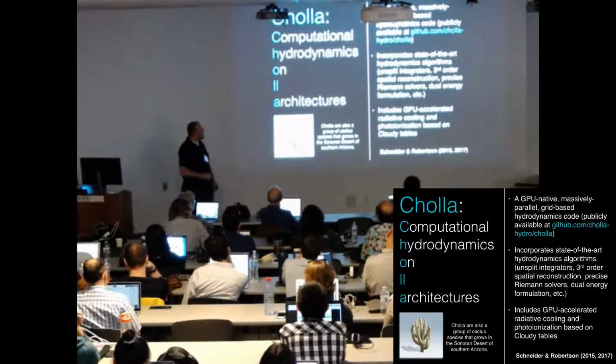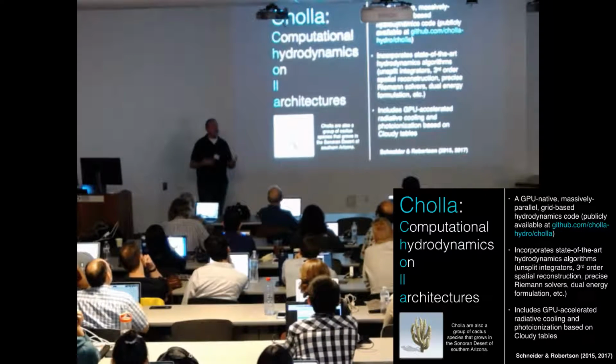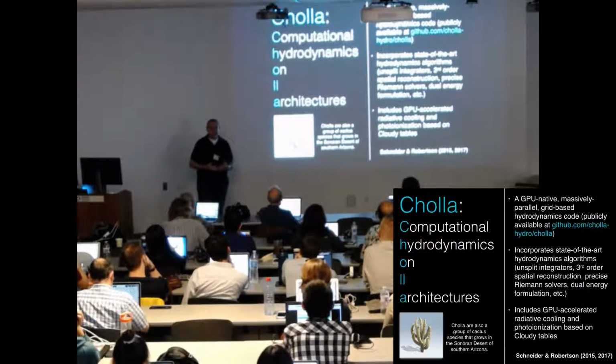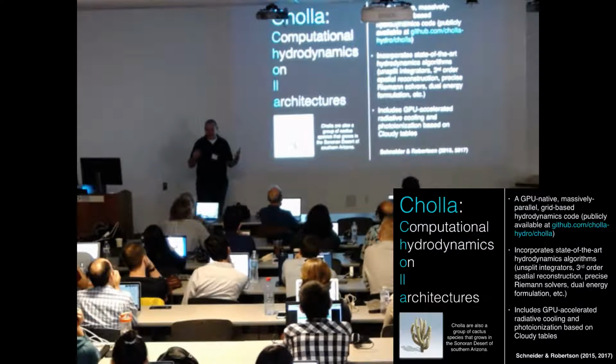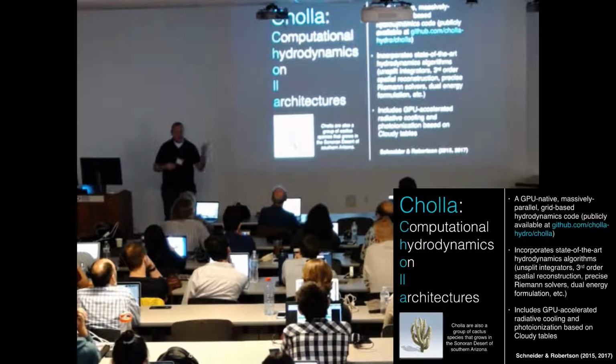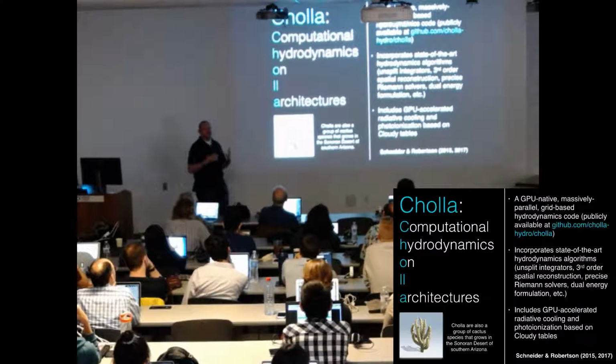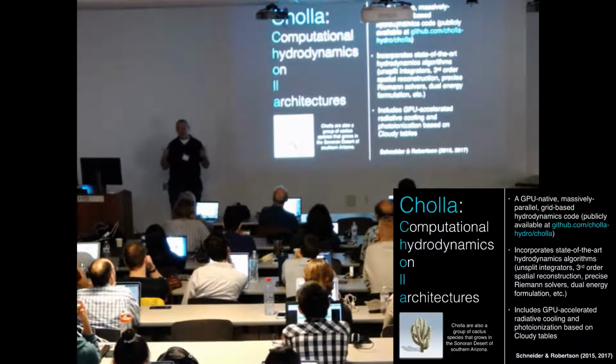Another feature of this code is that it is a static mesh code. It is not AMR. You might say, well, that makes it useless. Many people have told me that. But what's nice about this code is that, as you'll see, the performance is really stellar. This allows us, if we can run on many GPUs, to simulate extremely large volumes and large numbers of cells.